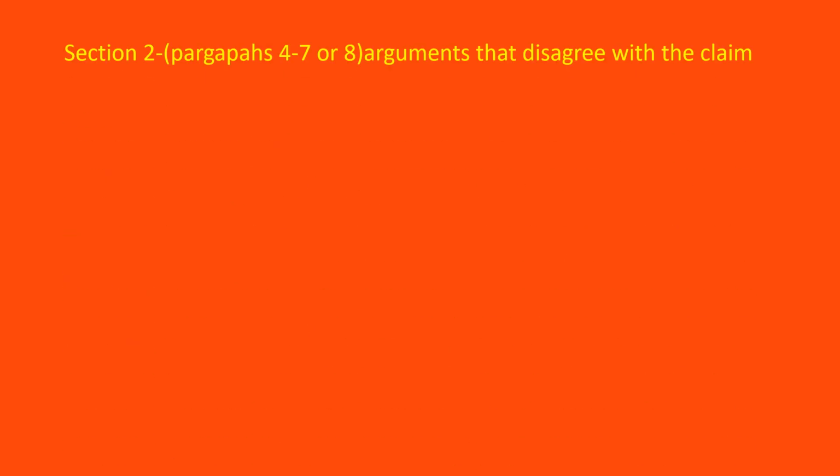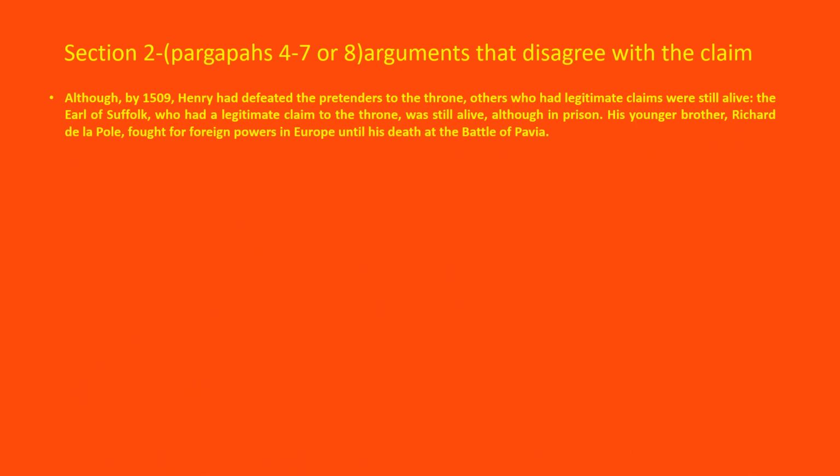In section 2, which should take you no more than 4 to 7 or at maximum 8 paragraphs, you present arguments that disagree with the claim or the view. So although by 1509 Henry had defeated the pretenders to the throne, others who had legitimate claims were still alive. The Earl of Suffolk, who had a legitimate claim to the throne, was still alive although in prison. His younger brother Richard de la Pole fought for foreign powers in Europe until his death at the Battle of Pavia.